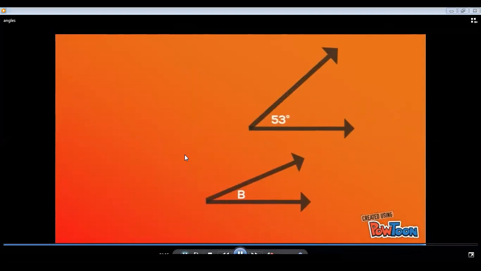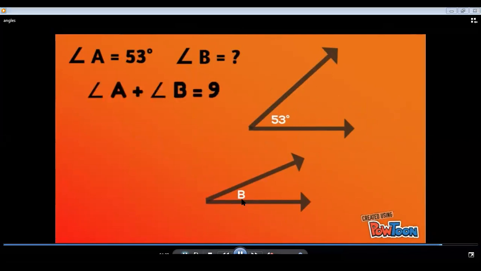Okay, here is one more example. One angle A is 53 degrees, and we have to find the value of angle B. We will follow the same steps, the same procedure, to find the value of angle B. That is, angle A plus angle B is equal to 90 degrees.